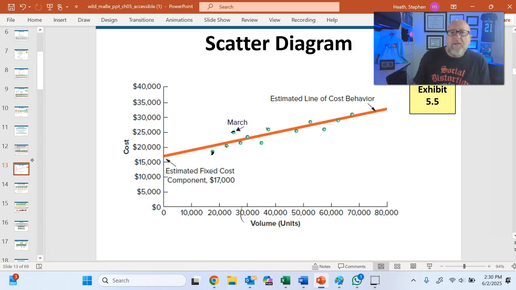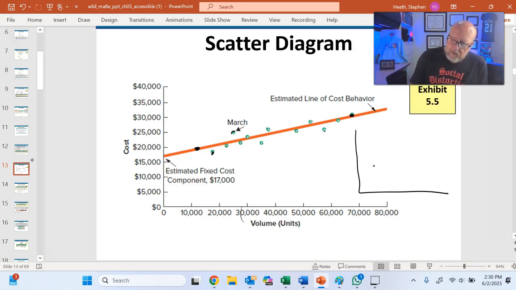The high-low method picks one data point and another data point, and unfortunately there are instances where we don't have data points on the line. Therefore our estimate is probably not 100% accurate.